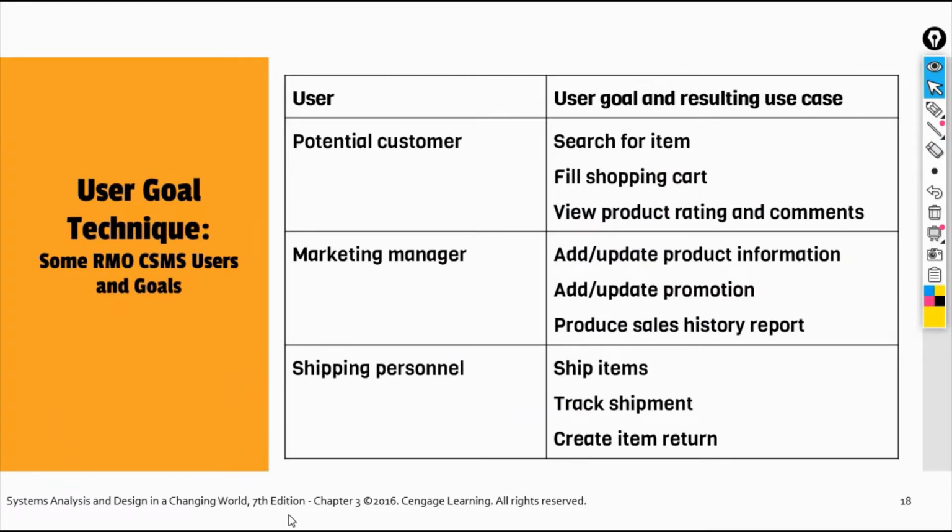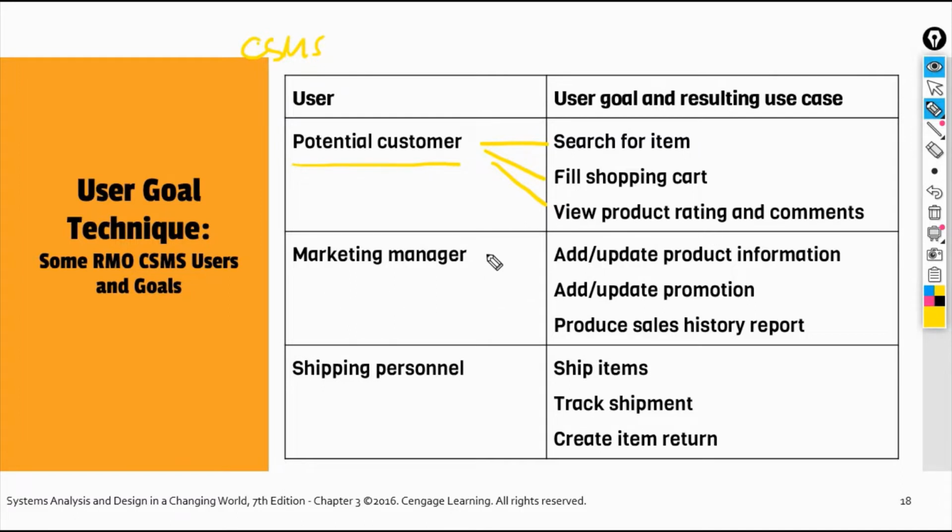This table here shows a list of a few of the user goals for potential users of the CSMS information system. That is our example from lesson 2. So, for example, for a potential customer, the goal here is to search an item, fill a shopping cart, and view product ratings and comments.